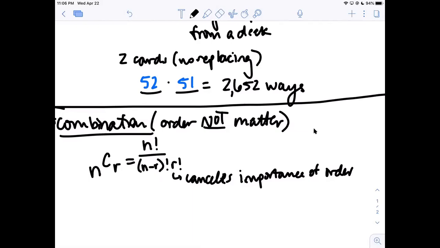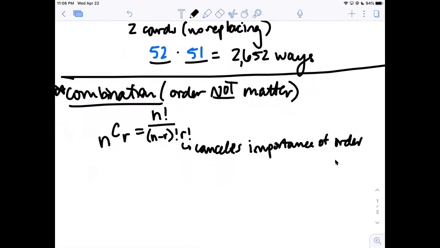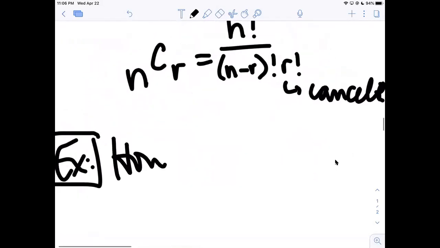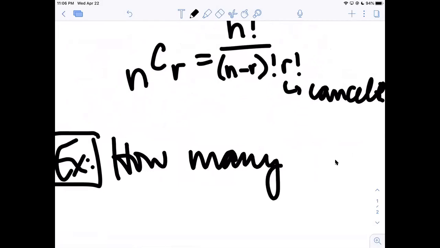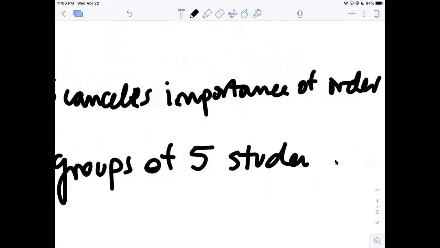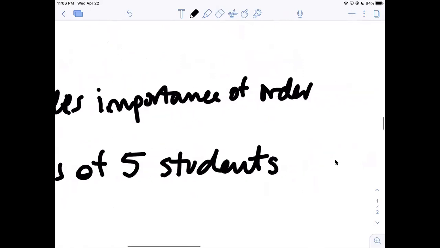Okay. So we're going to do a couple examples again here, just so you have some to base off of before we go. Let's say an example I'm going to give you is: how many groups of 5 students can be chosen from a class of 25? I use the word chosen again.